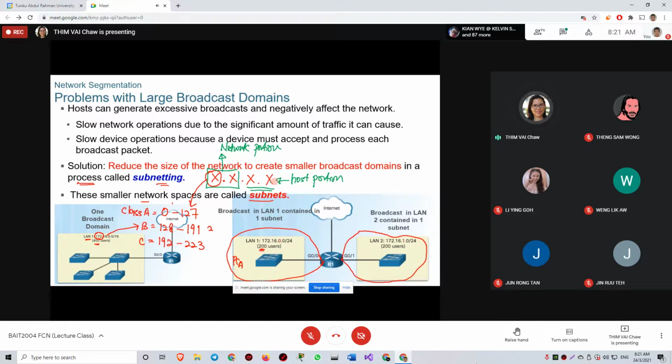The front two numbers belong to the network portion. This number you cannot modify, you cannot do anything.